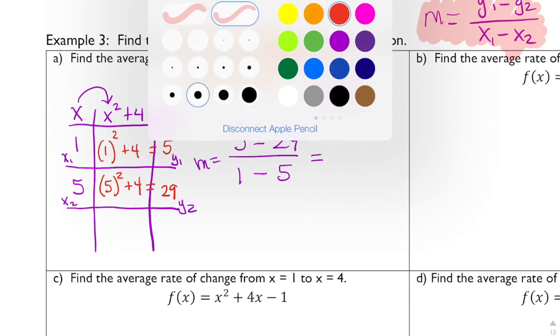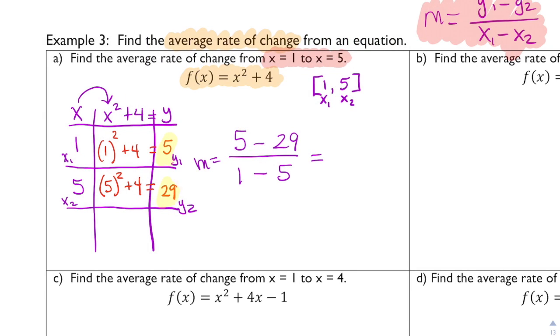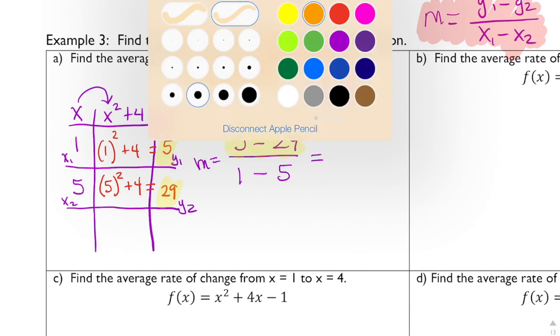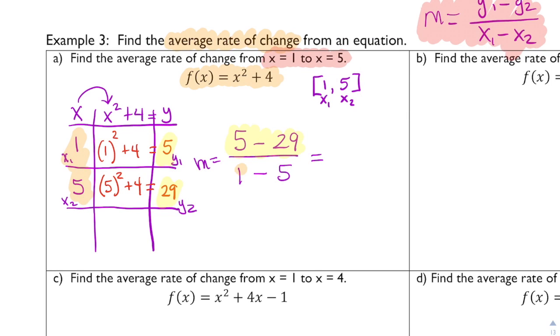So we put our y values in up top, and then we put our x values at the bottom, and then we're going to solve the top first, get an answer, and then solve the bottom.